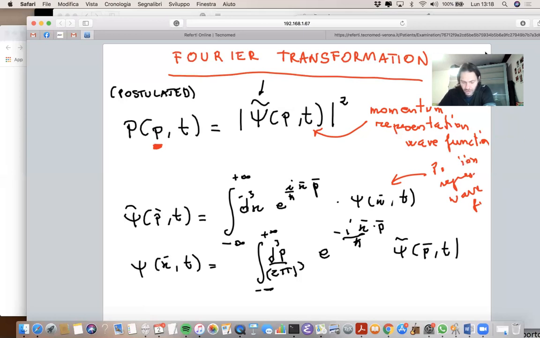If you do this integral, the dependence on x vanishes because it's integrated over, and everything that remains is the dependence on p, because that's the parameter on the right-hand side of this equation. And this is why this function is a function of p. And of course, it's also a function of t, because the left-hand side depends on t through this part here.